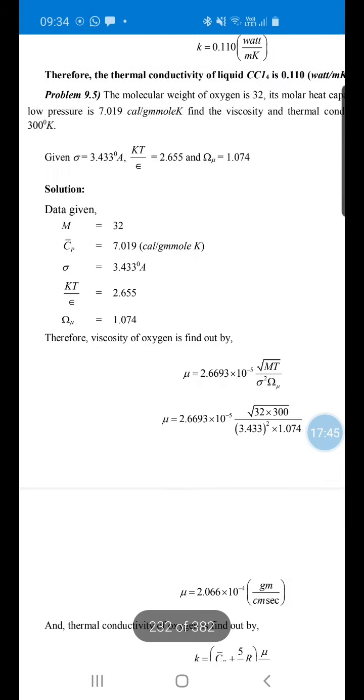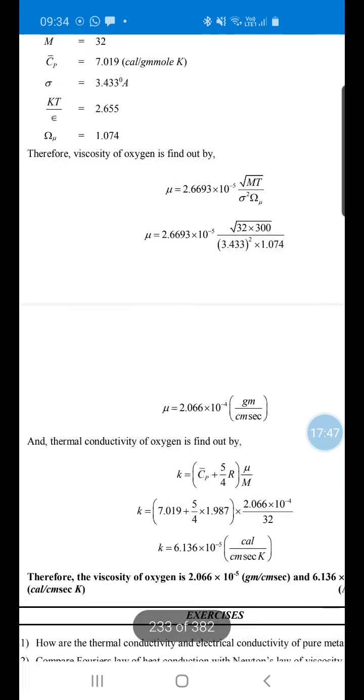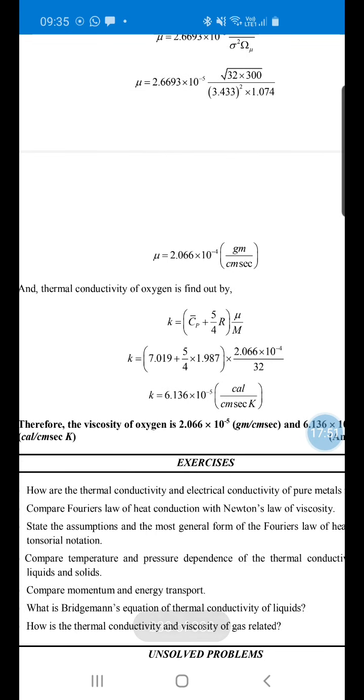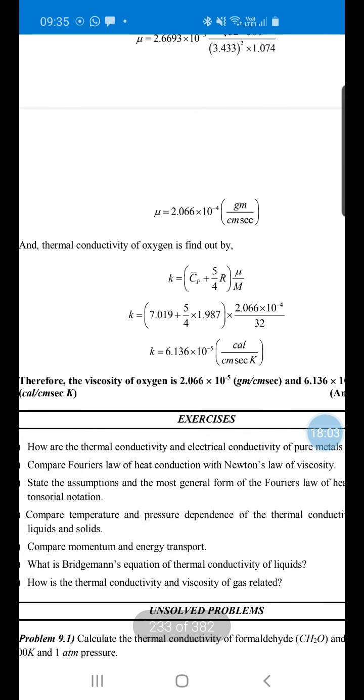So put in all the values, all values are given to you. You can find out the viscosity first in gram per centimeter second. See, you have to find out the viscosity from the equation that you studied in chapter 2. And now you can find out the thermal conductivity by another equation. You cannot use the Chapman-Enskog equation because the value of omega k is not given.